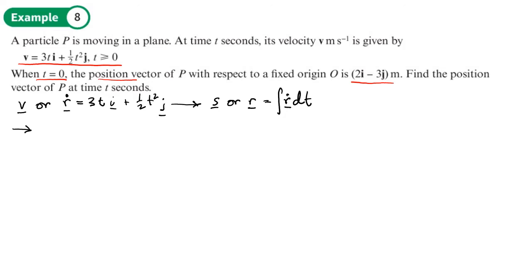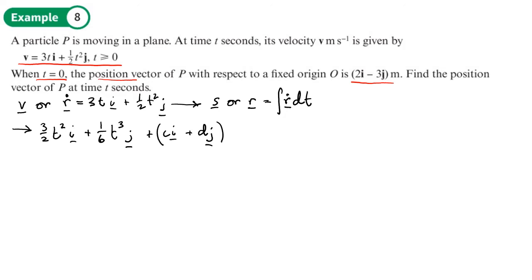If we do that, we're going to have 3 over 2 t squared i, adding 1 to the power and dividing by the new power. Plus, now if we add 1 to the power, it becomes t cubed, and a half divided by 3 is 1/6, so 1/6 t cubed j. Then plus c i plus d j. So this bit is like our constant of integration.